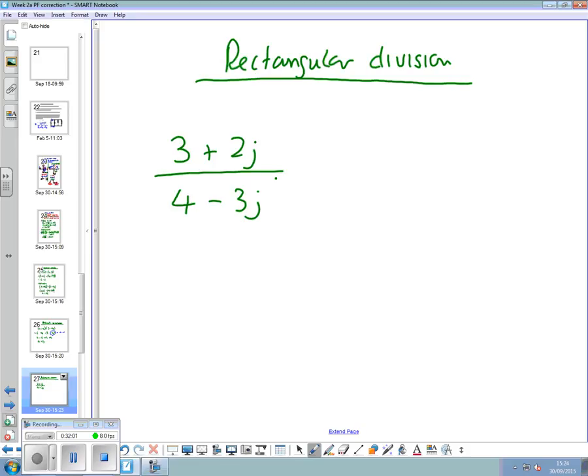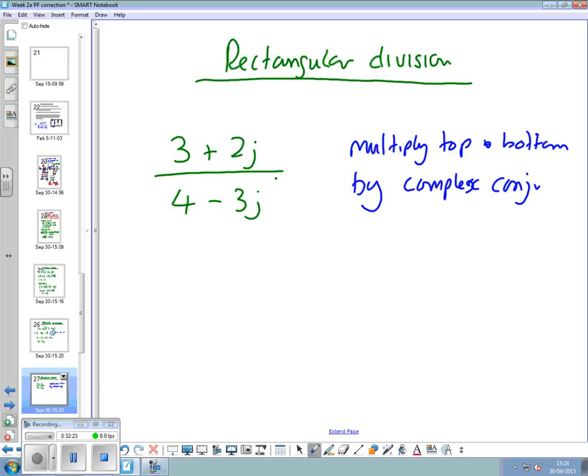The first thing we have to do is multiply top and bottom by what's called the complex conjugate of the denominator.